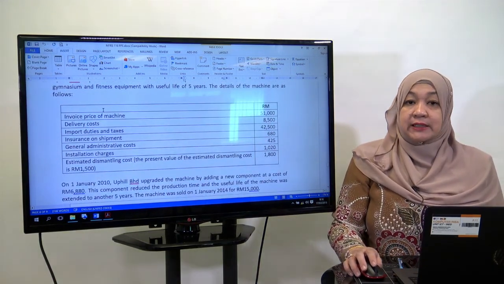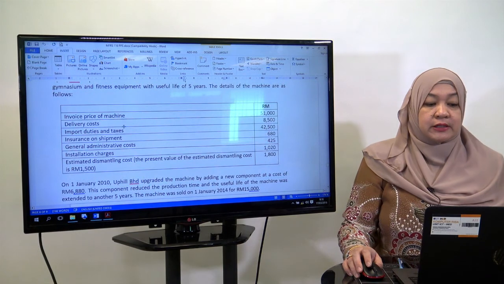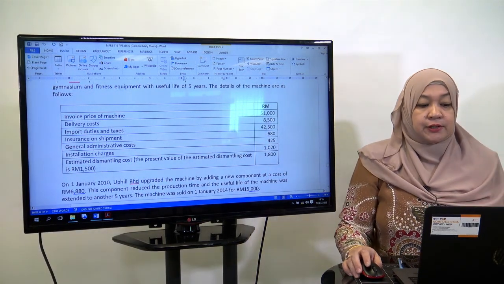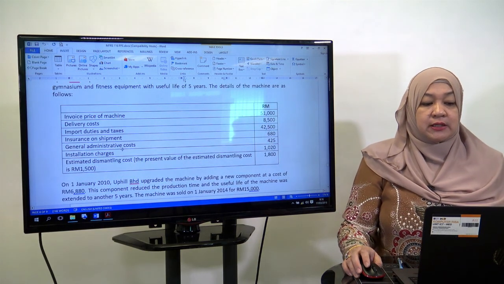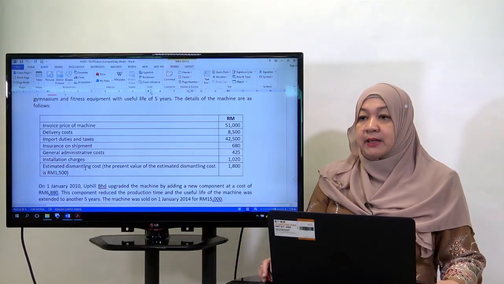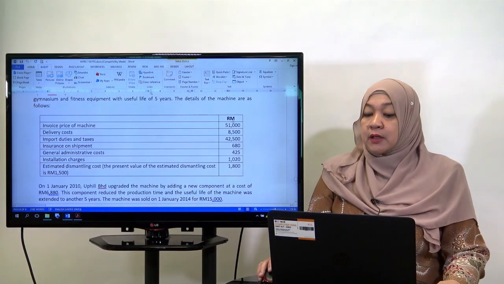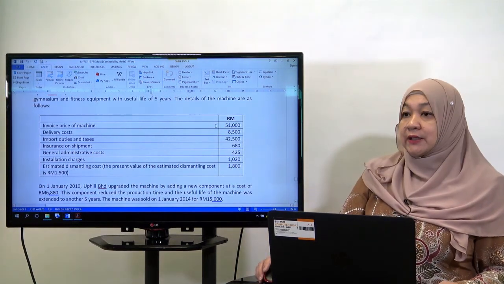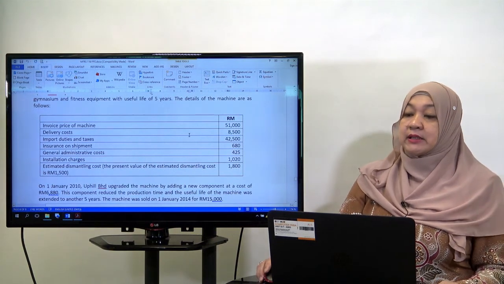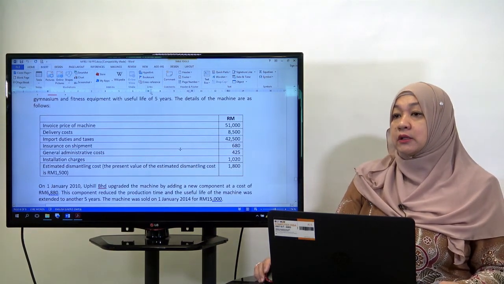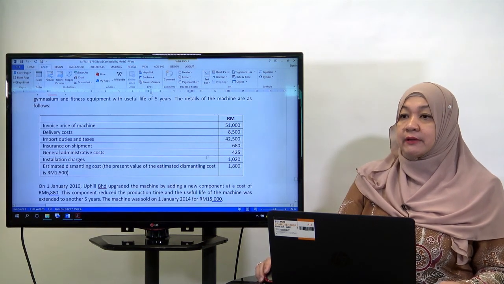So they've given us the invoice price, the delivery cost, import duties and taxes, insurance on shipment, general administrative costs, installation charges, estimated dismantling costs, right? Now, what we have learned in the first part of MFRS 116 is to determine the total cost of the non-current asset.